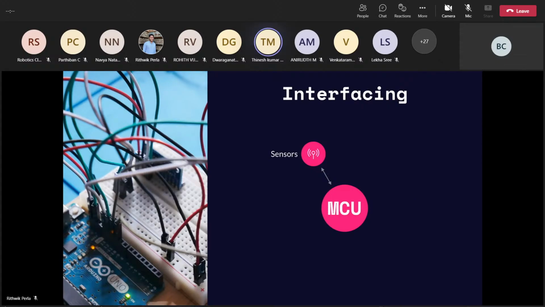I think they did not cover sensors in yesterday's session.